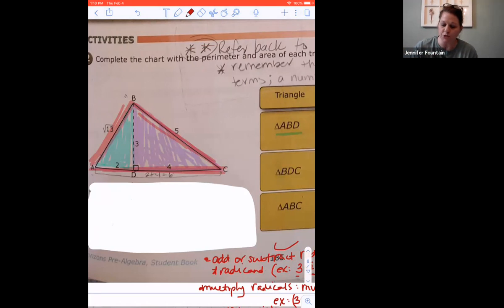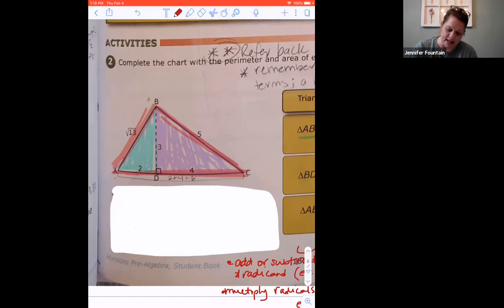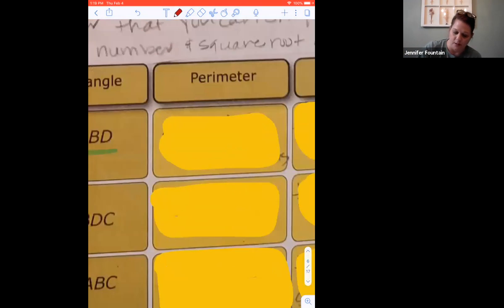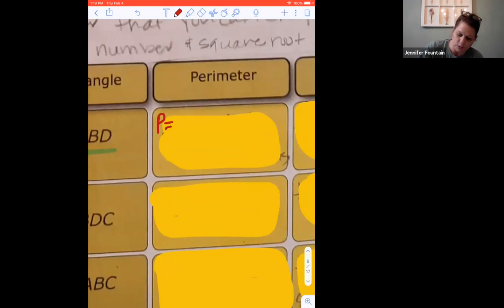Okay, so let's start with triangle ABD. If I start with ABD, I can see that I've got the square root of 13 as one of my sides. Another side is 3, and another side is 2. So that means P equals the square root of 13 plus 3 plus 2.